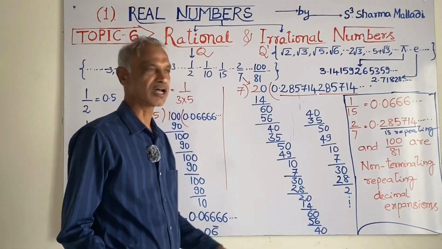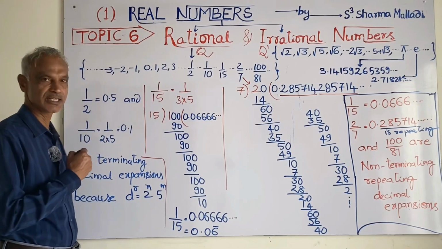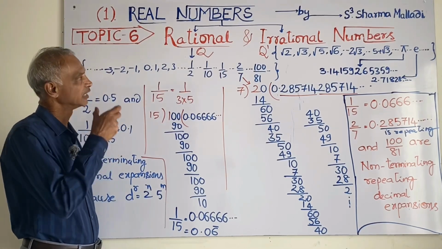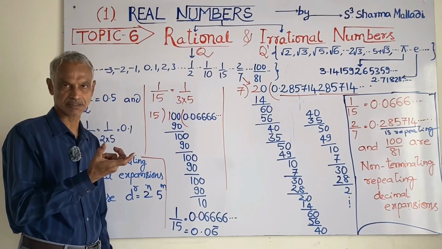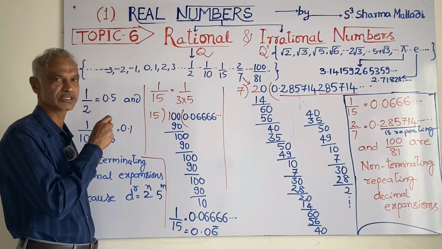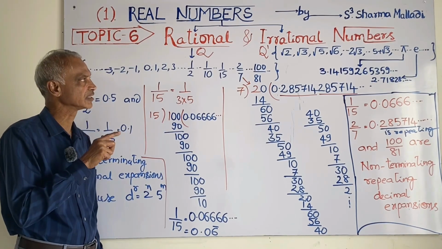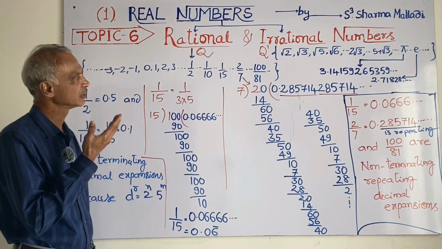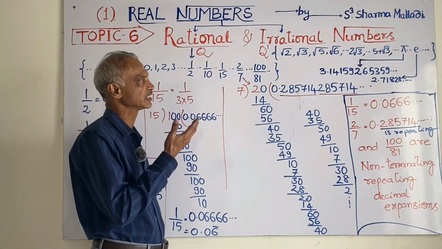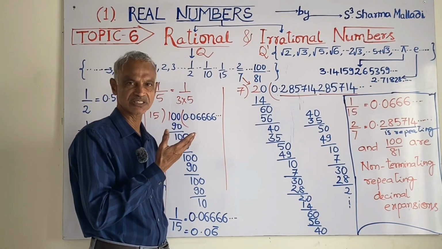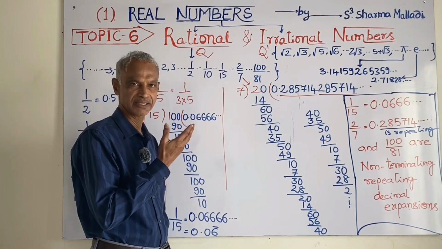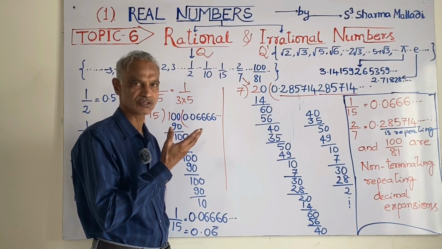Hi students, already you know real numbers are divided into rational numbers and irrational numbers. Rational numbers are denoted by Q and irrational numbers are denoted by Q dash. What are irrational numbers? Root 2, root 3, root 5, root 6, 2 root 3, 5 plus root 3, pi constant and e constant.